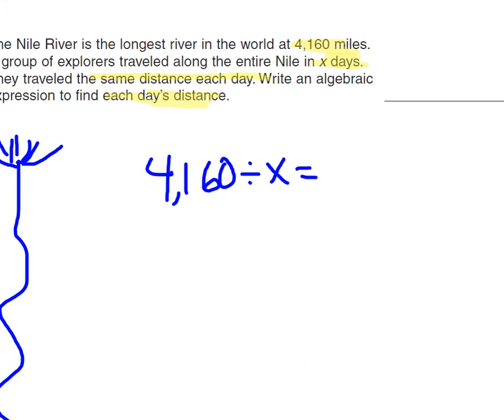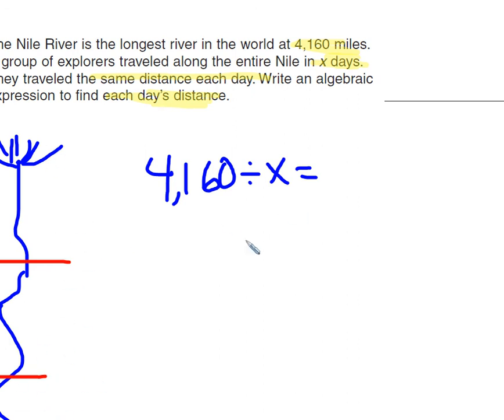Let's say they traveled 3 days. So that first day, I'm approximating it this many miles, or dividing it into equal groups. Now, I didn't do a very good job of dividing it into equal groups, but you get the concept, I hope. It's division.